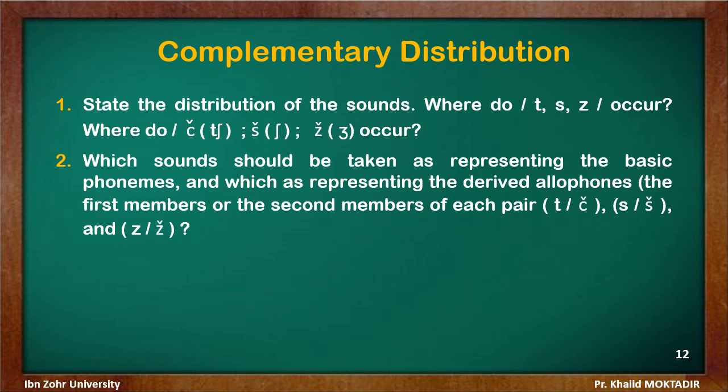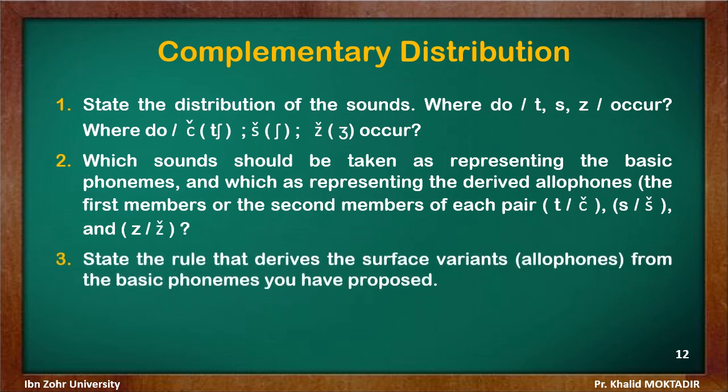That is, which sounds should be taken as representing the basic phonemes and which ones as representing the derived allophones? Is it the first members, that's t, s, or z, or the second members of each pair? And the last question is, state the rule that derives the surface variants, that is the allophones, from their basic phonemes that you have proposed. Take your time to read the questions again carefully, and then we move on.